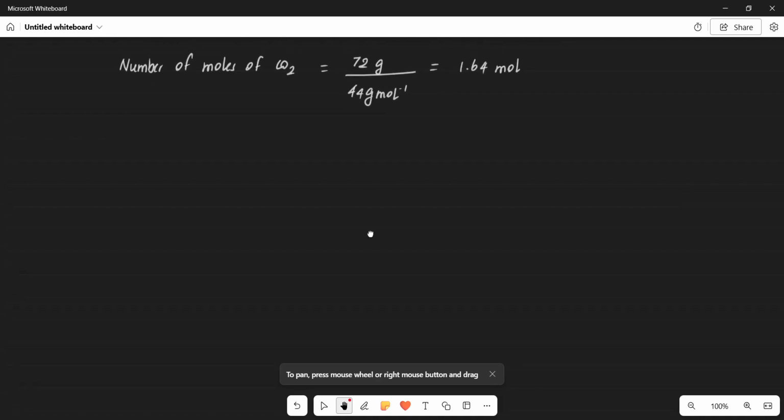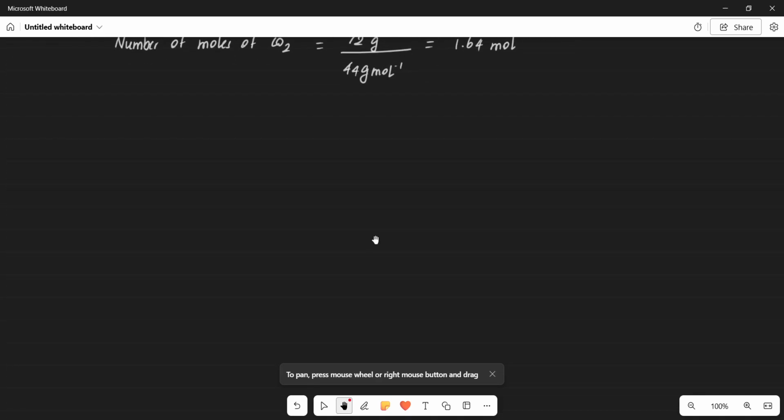Let me use this in the calculation of stoichiometry. How will I find out the limiting reagent? How will I find out how many moles of product or reactant are required or formed? We need to do that, so I am taking another example.